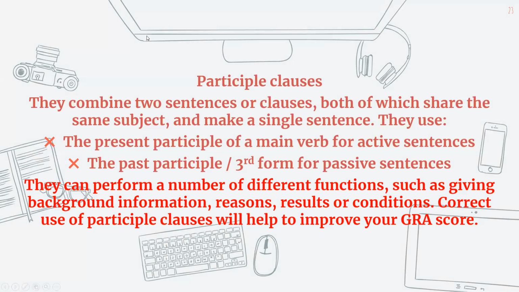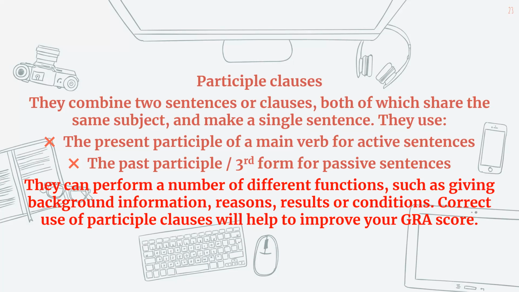Okay, we have something else you need to understand before we go any further in the lesson. It's called participle clauses. These participle clauses combine two sentences or clauses, both of which share the same subject, and make a single sentence. They use the present participle of a main verb for active sentences and the past participle or third form for passive sentences.